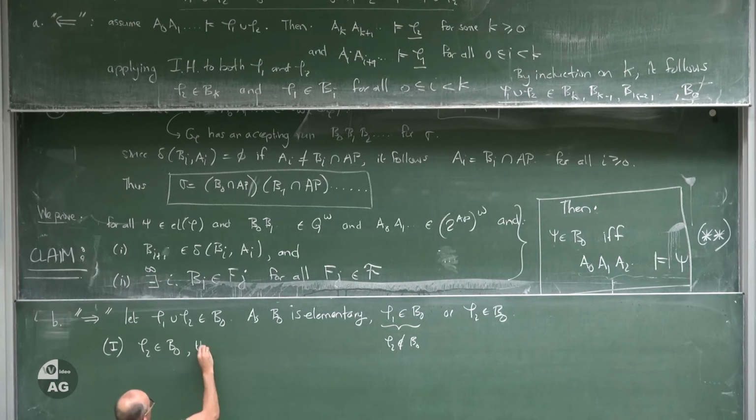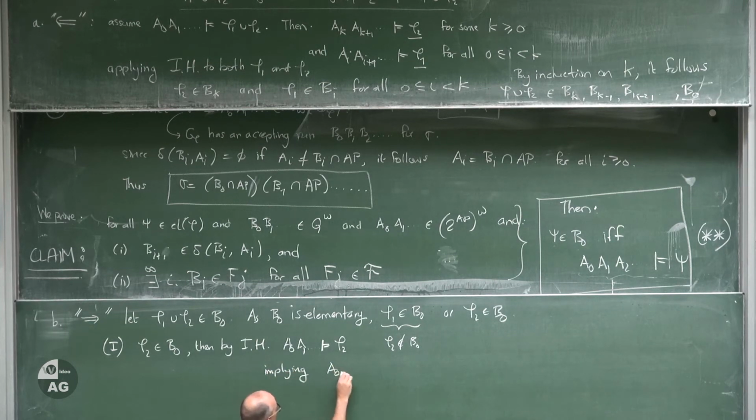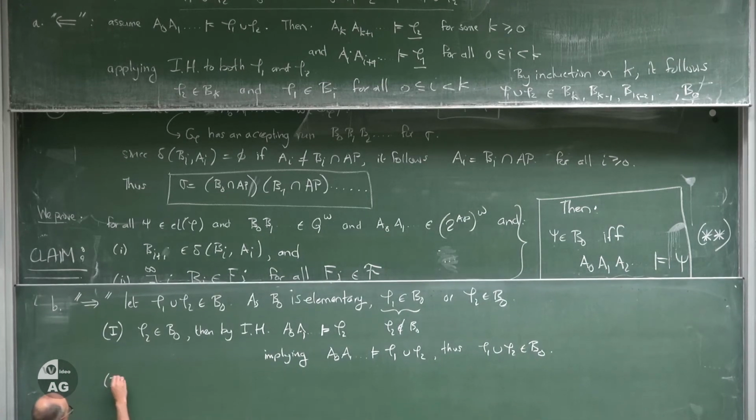But that's easy, because then by induction hypothesis we have that A0, A1, etc. satisfies phi 2, and this implies that A0, A1 satisfies phi 1 until phi 2, thus phi 1 until phi 2 belongs to B0. This is what we need to prove.